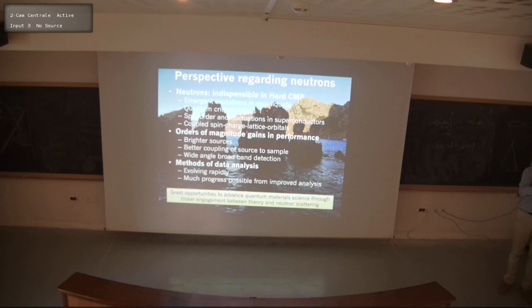There are some qualitative lessons you can take, but we really need, I think, to get better both at being able to measure these very broad continua of scattering, and also to have theoretical work that can actually account for that. Okay, with that, thank you for your attention.